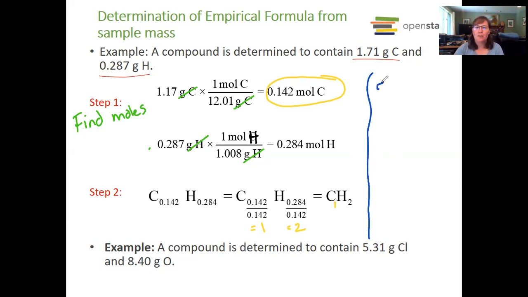So first we start with that 5.31 grams of chlorine, times, and chlorine I can see on my periodic table is 35.453 grams per mole.